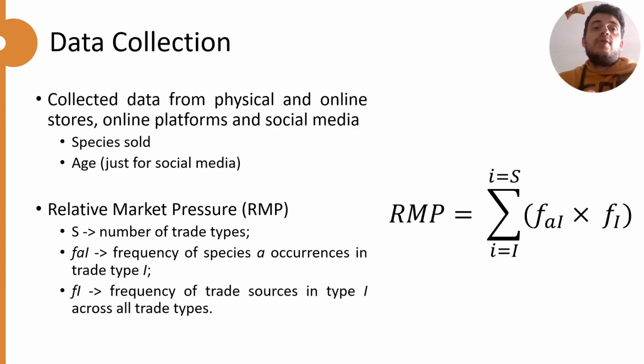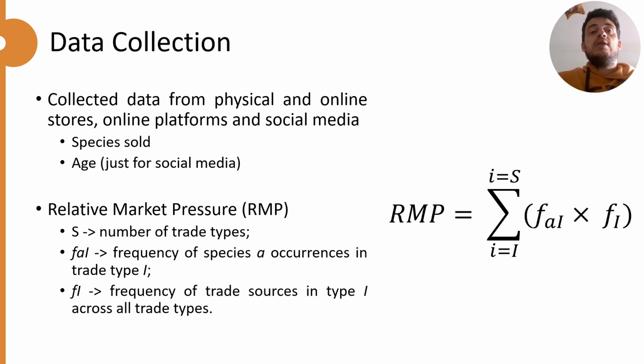We collected data from physical and online stores, as well as online platforms and social media. We recorded the species that were being sold, but also the age of the turtles for the social media. We then developed the relative market pressure as an index of the propagule pressure.